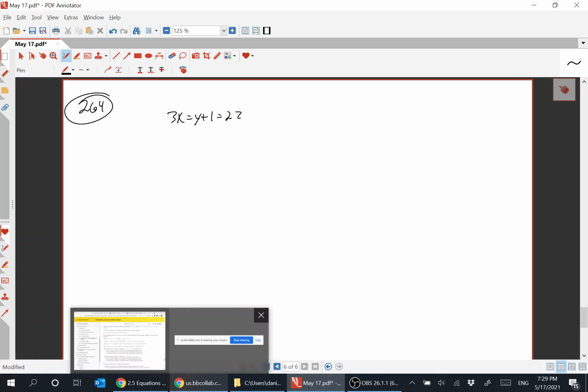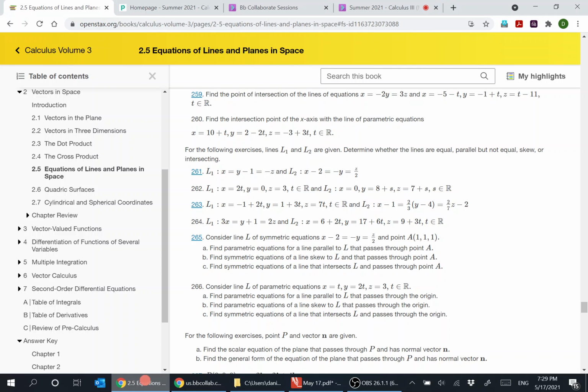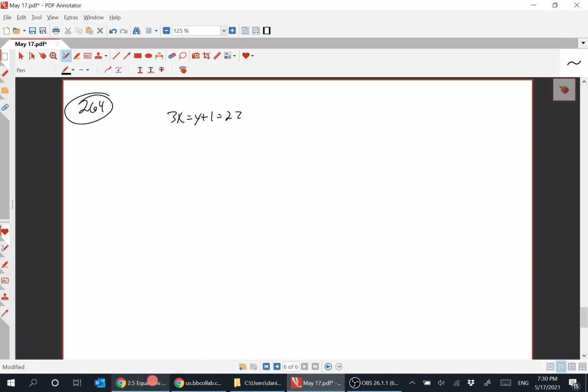And L2 is 6 plus 2t, 17 plus 6t, and then z is 9 plus 3t. So that's L2.